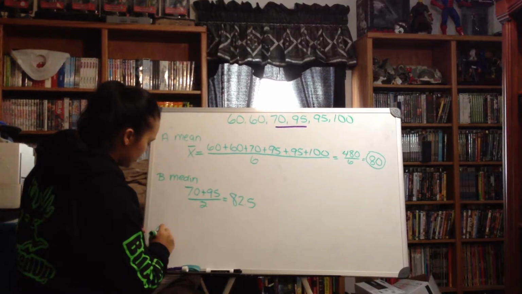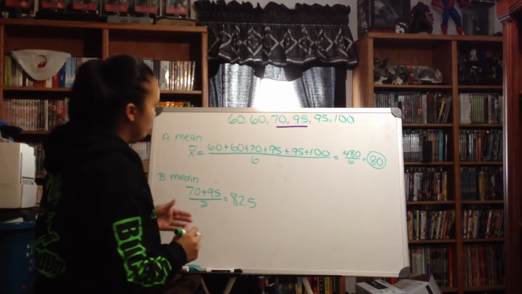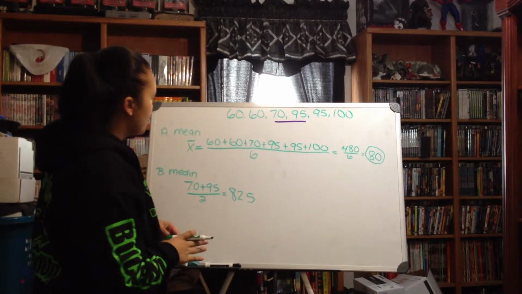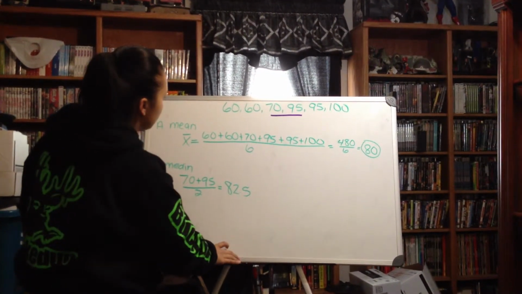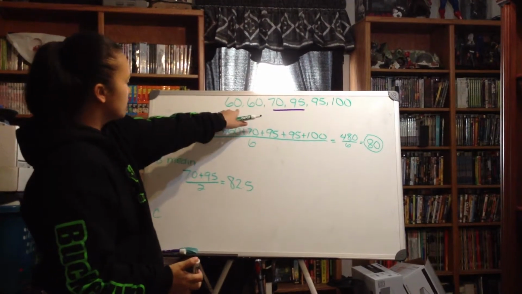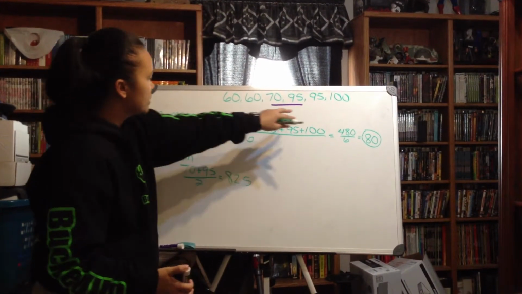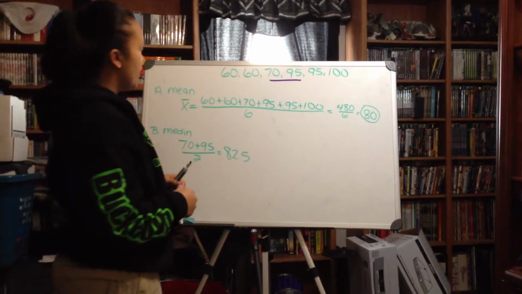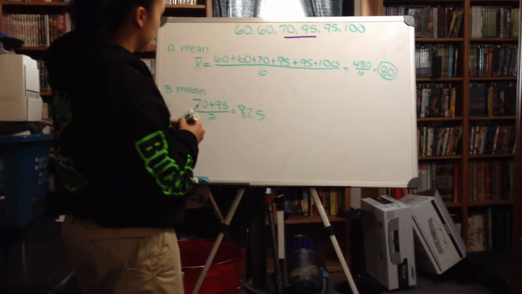And last, but certainly not least, we've got to look: which ones are our modes? What we have is the fact that we have two modes, 60 and 95. Well, we just covered that, and we're going to have bimodal.